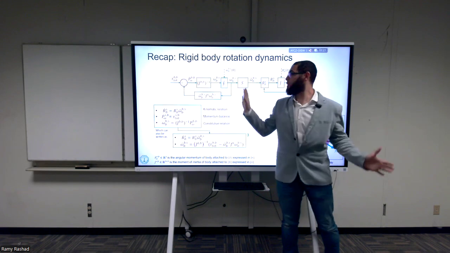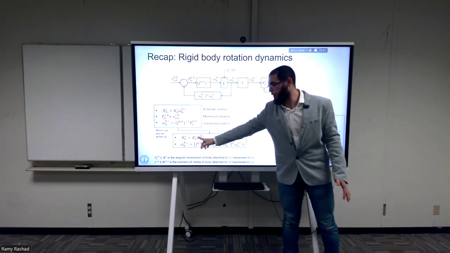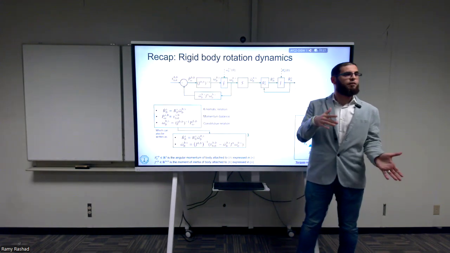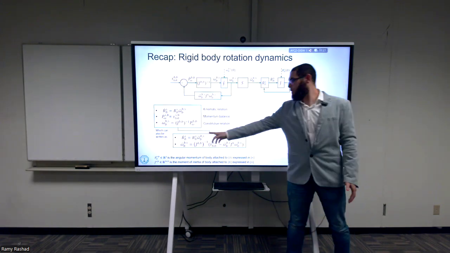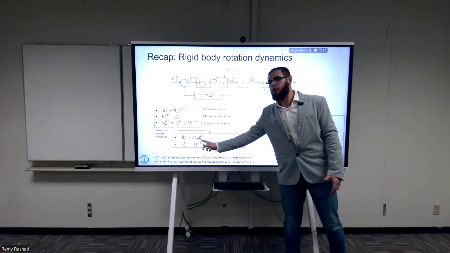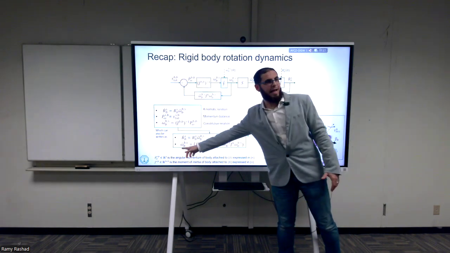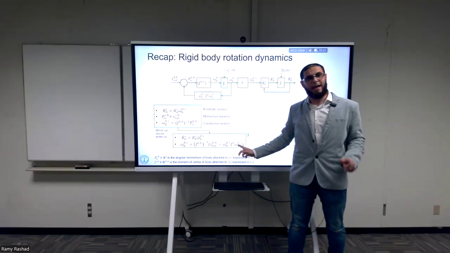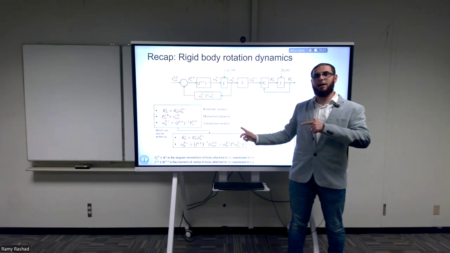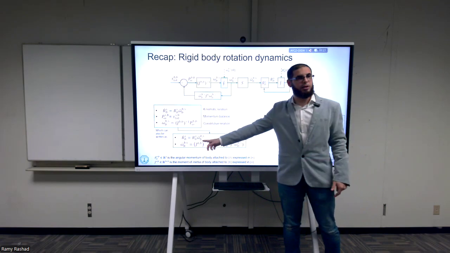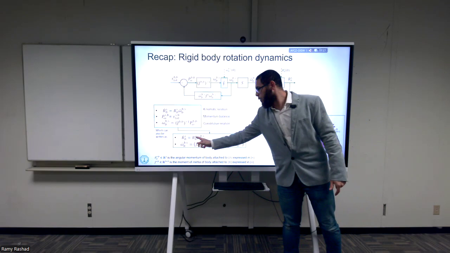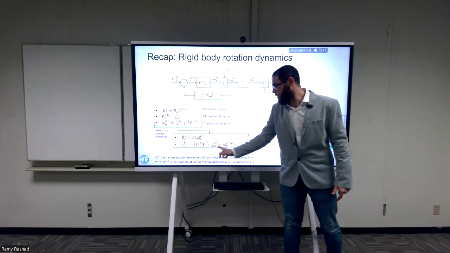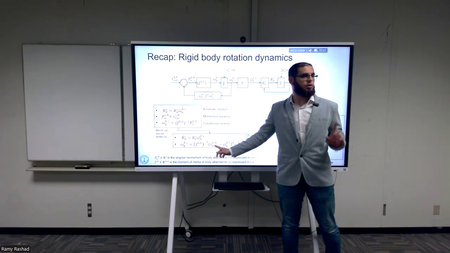And yeah, we have just one differential equation in omega and another differential equation in terms of R. This is the rate of change of orientation equal to some nonlinear function of the angular velocity, and the rate of change of the angular velocity is equal to some nonlinear function of the angular velocity again. So you see, this is the nice thing about writing the equations in the body frame, because this is a differential equation of R and omega, but this is a differential equation of only omega. Okay, so this is a nice thing.